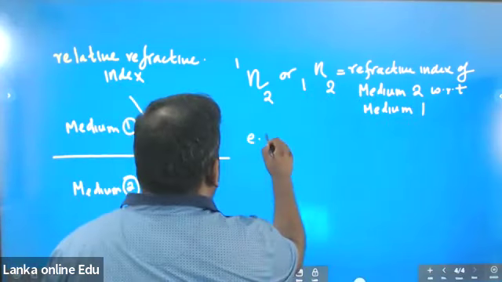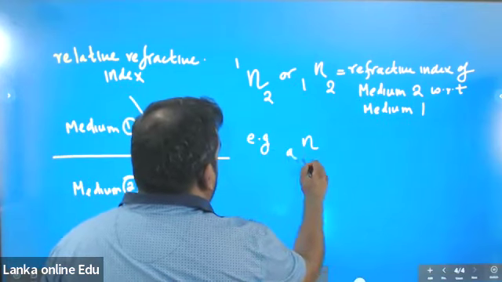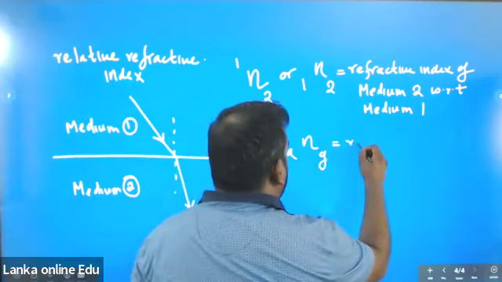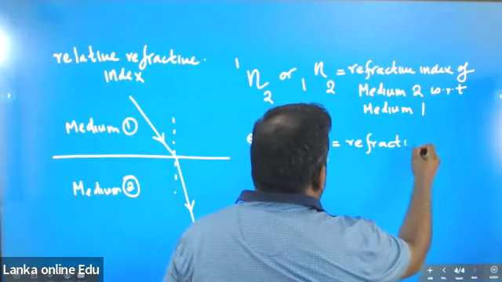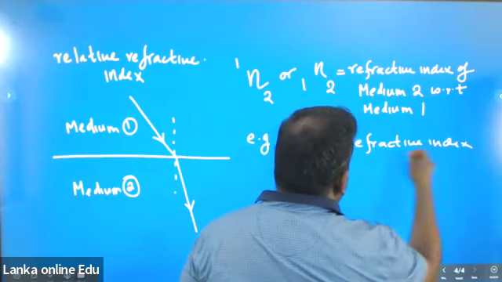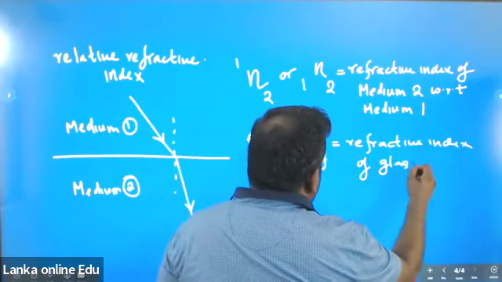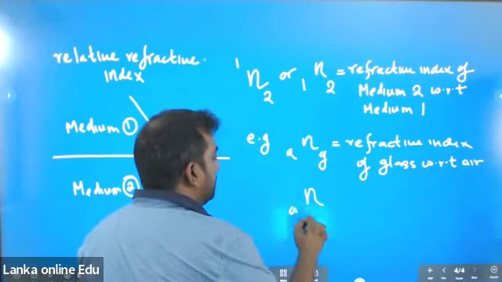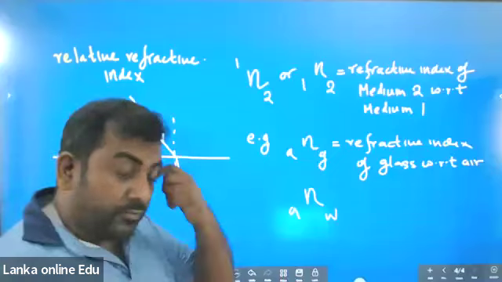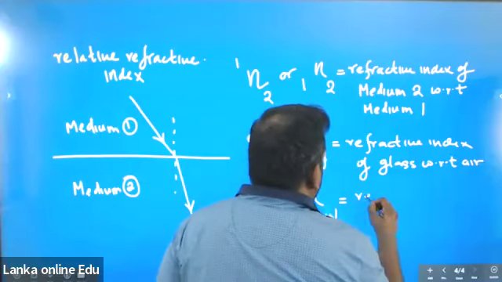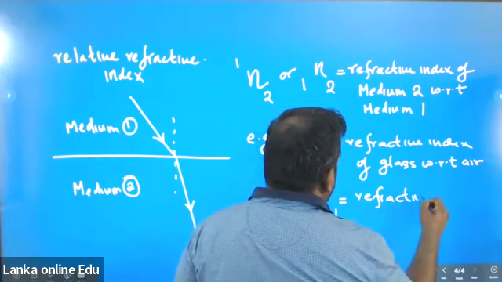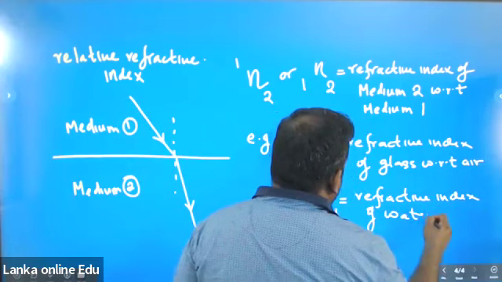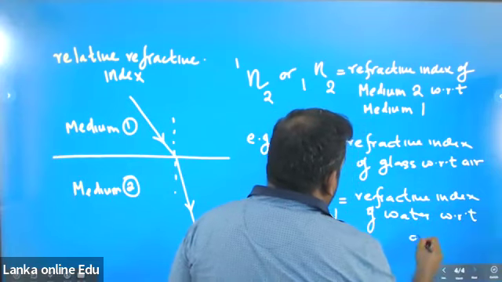So for example, if I write, light is traveling from air to glass, this means refractive index of glass with respect to air. If I write light is traveling from air to water, refractive index of water with respect to air.